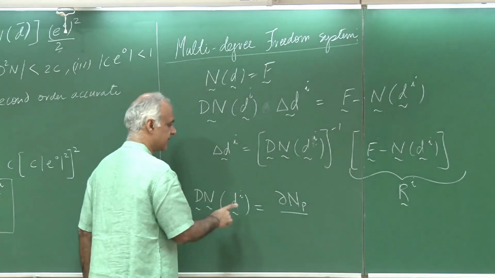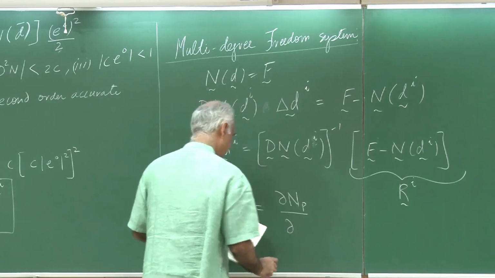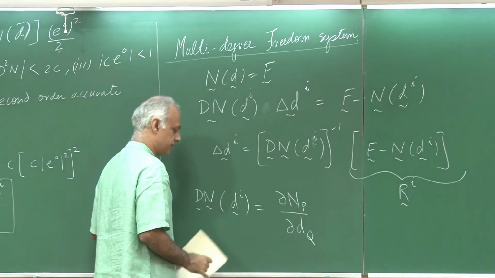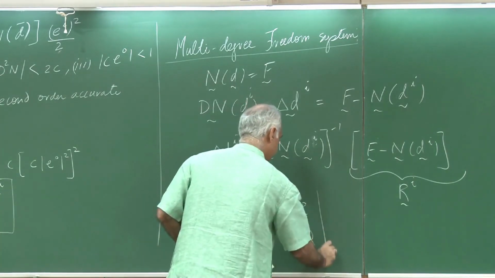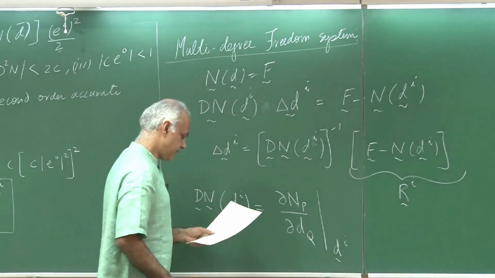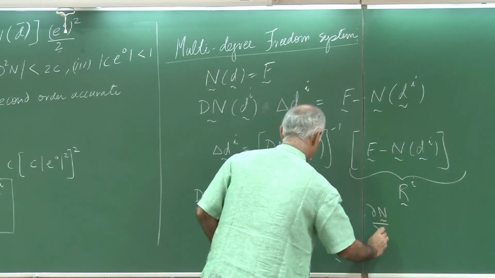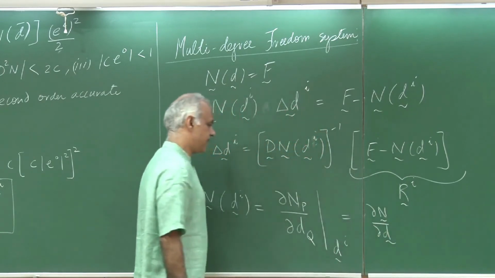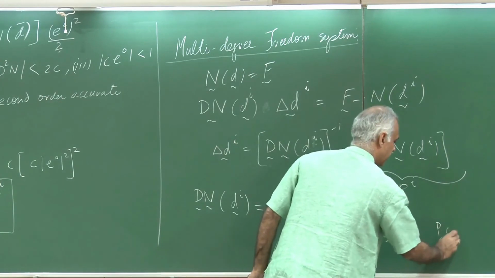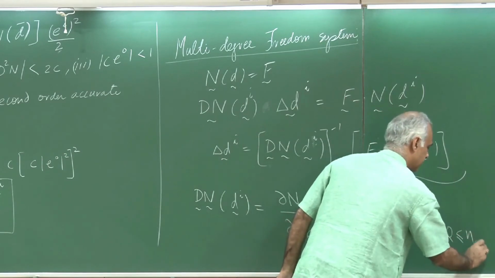So this is operator number p, and I am going to take a derivative with respect to unknown number q, and this is of course evaluated at d_i, and this one can also write as del N by del d. p and q are of course equation numbers, and they go between 1 to any q.